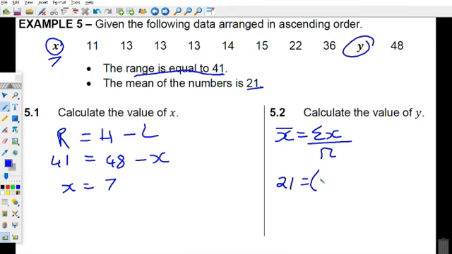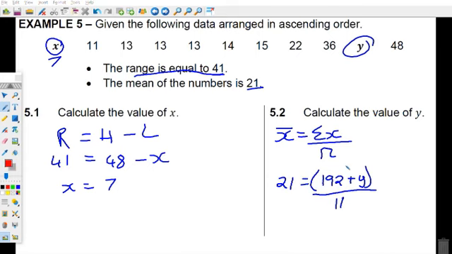Okay, so I get 192 plus y, all divided by the number of terms. How many are there? I get 11. So in my formula, 21 is equal to the sum of all my points, 192 plus y, divided by n. So we can work this out.